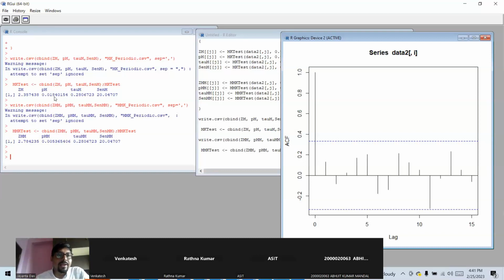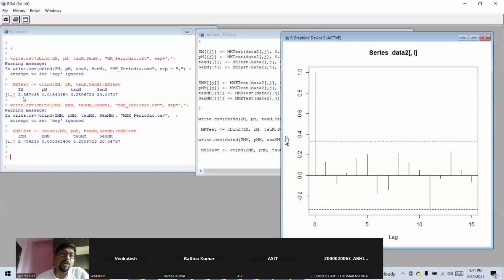Now, you can see here also this P value. The Z value is 2.35. If you don't know about the threshold value of Z, like 1.96, equal or more than 1.96 at the 95% confidence interval, you can say from here also 0.018.